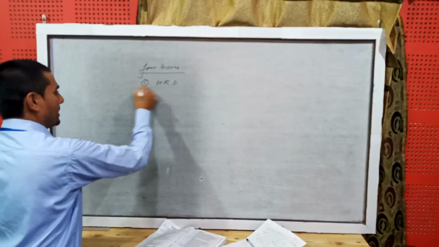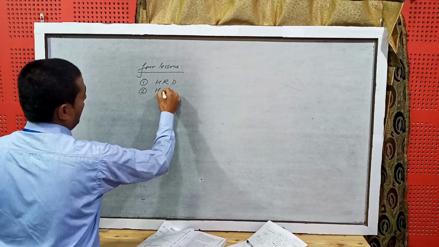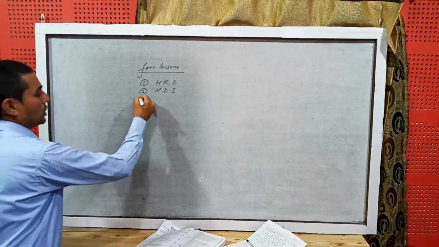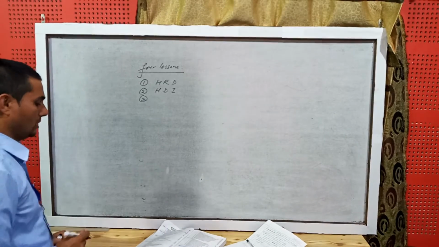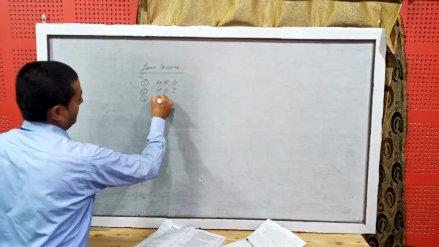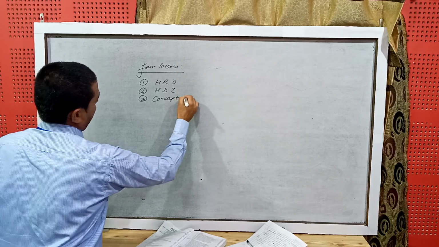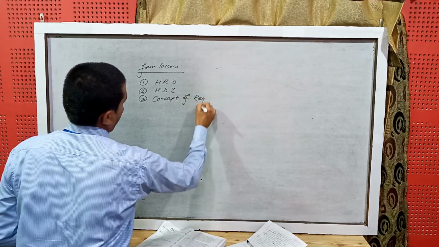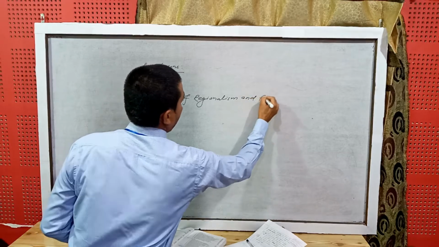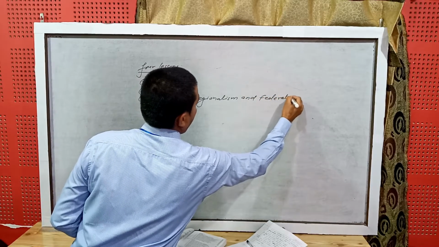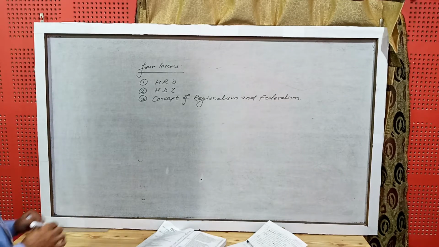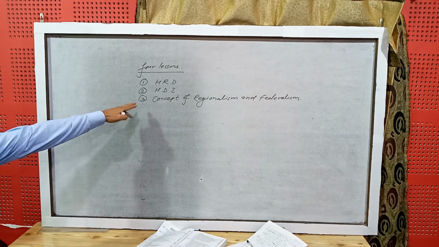Similarly, the second one is human development index. Similarly, the third lesson talks about the concept of regionalism and federalism. Concept of regionalism and federalism will be discussed in lesson 3.